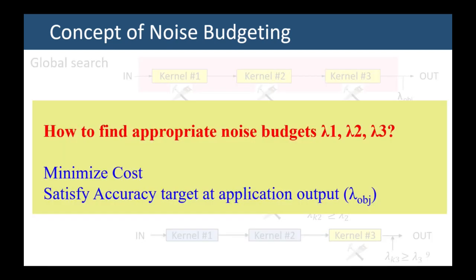So now the question is how to find the noise budgets lambda 1, lambda 2, and lambda 3 so that the final solution satisfies the accuracy requirement at the application level, lambda objective, with the minimized cost.